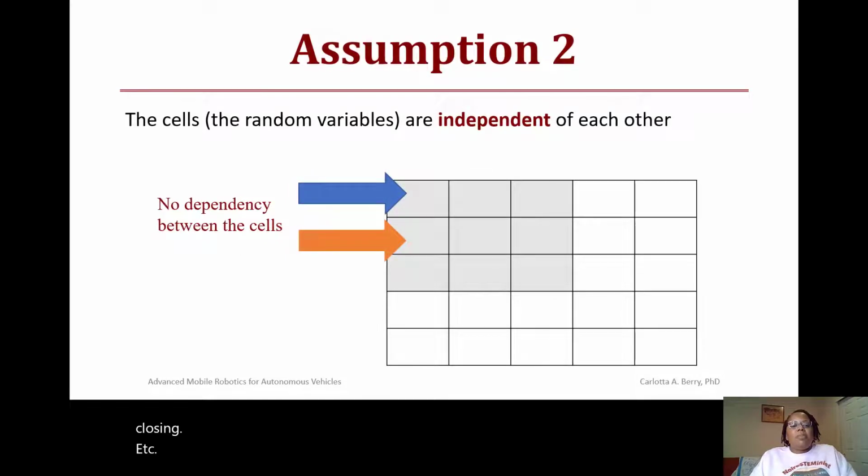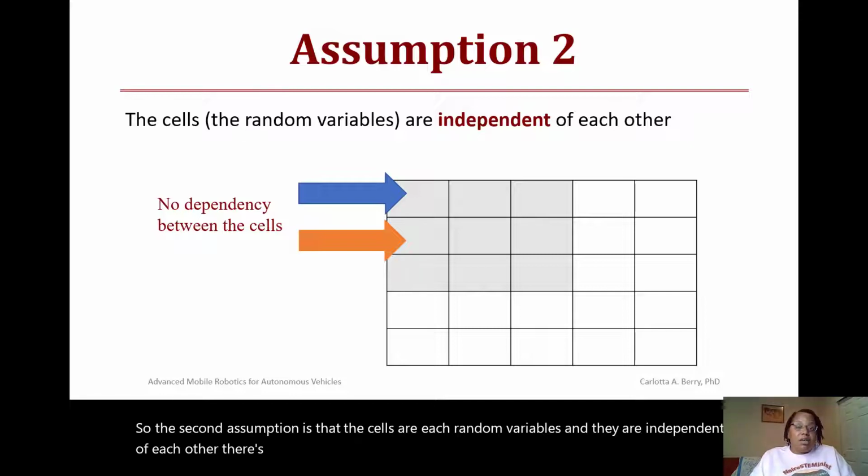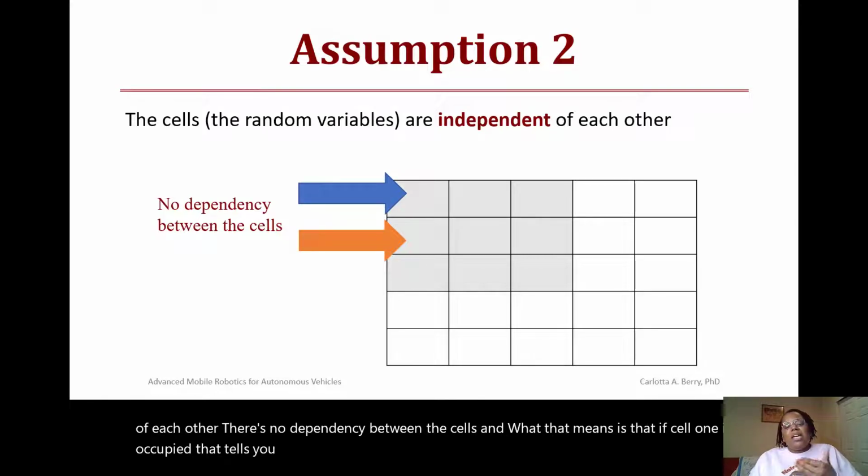So the second assumption is that the cells are each random variables and they are independent of each other. There's no dependency between the cells. And what that means is that if cell 1 is occupied, that tells you nothing about whether cell 2 is occupied or not. So they are independent of each other.